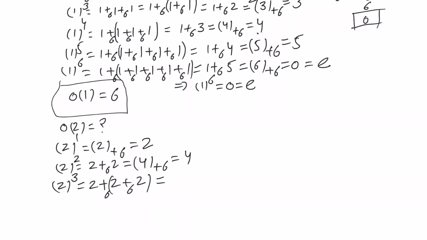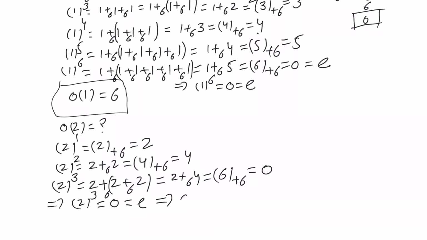When it is added 2 times, the result is 4, so I am going to write it here as 4. When 2 is added to 4, the result is 6, and under addition modulo 6 this will give the remainder 0. This implies that 2 raised to the power 3 is equal to 0, which is the identity. This implies that the order of 2 is equal to 3. So the order of 2 is 3.